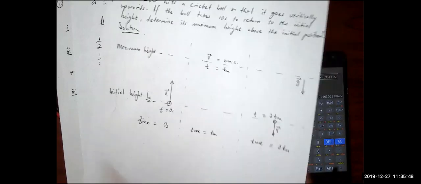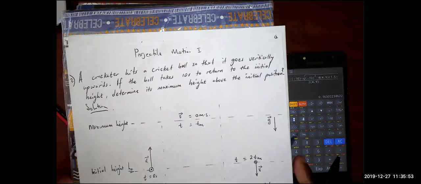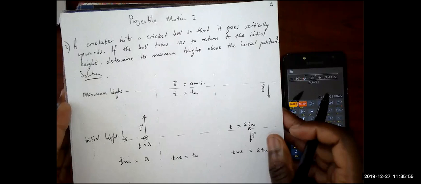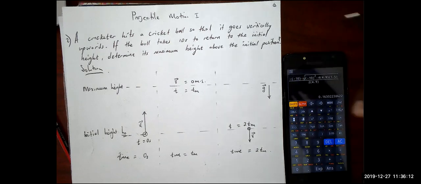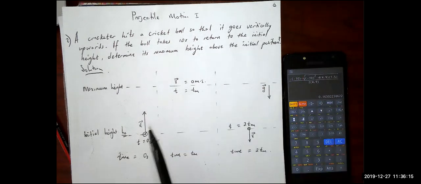The next question here is saying, a cricketer hits a cricket ball so that it goes vertically upwards. If the ball takes 10 seconds to return to the initial height, determine its maximum height above the initial position. Here I've tried to show you that from the initial, time is 0.